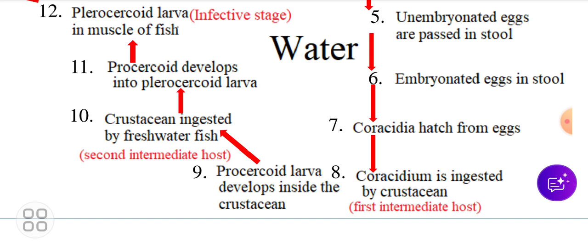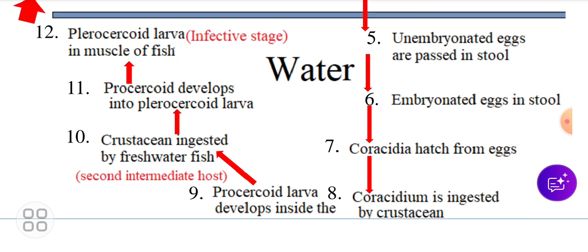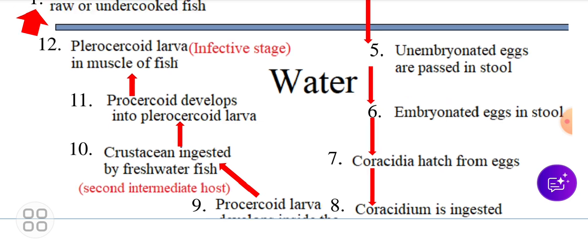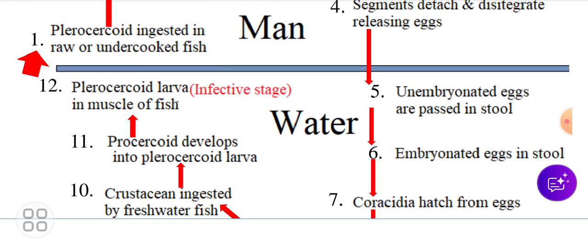The ingested crustacean will be digested by the freshwater fish, except the procercoid larva. The procercoid larva develops into another larva known as pleurocercoid larva. This pleurocercoid larva will become encysted in the flesh or the meat of the freshwater fish, and it is the infective stage. And here we complete the life cycle.